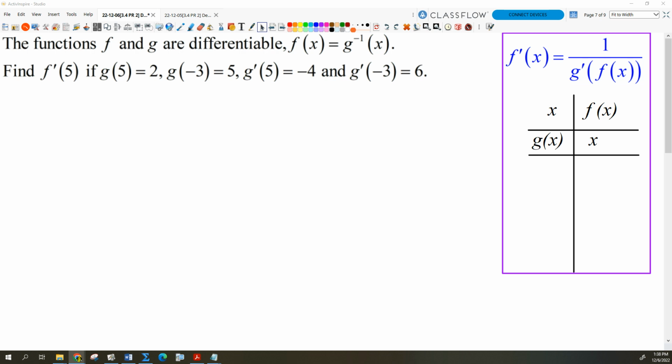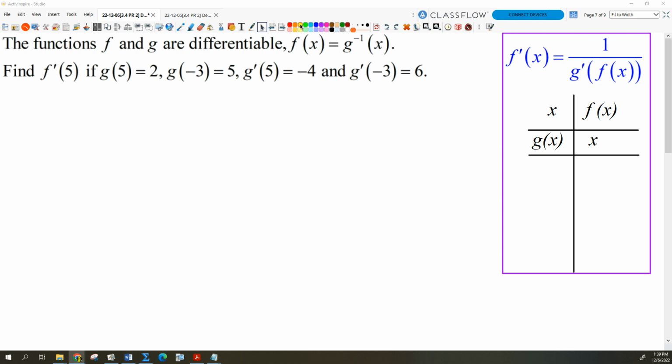Okay, what are you thinking? Walk me through this. Do the chart first. Okay, chart first. So what do we know here? We have 5 as an input of F. Okay, good. Because look right here. So 5 is an output of G, right? Which makes it an input of F. Okay, good. So let's make a little chart.